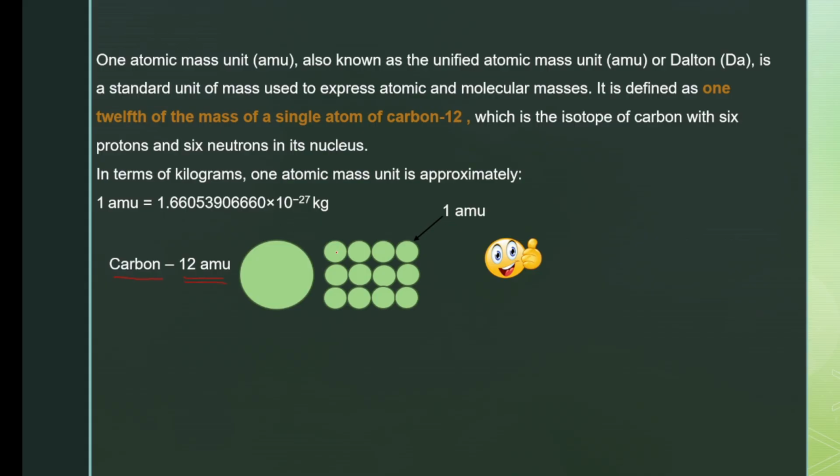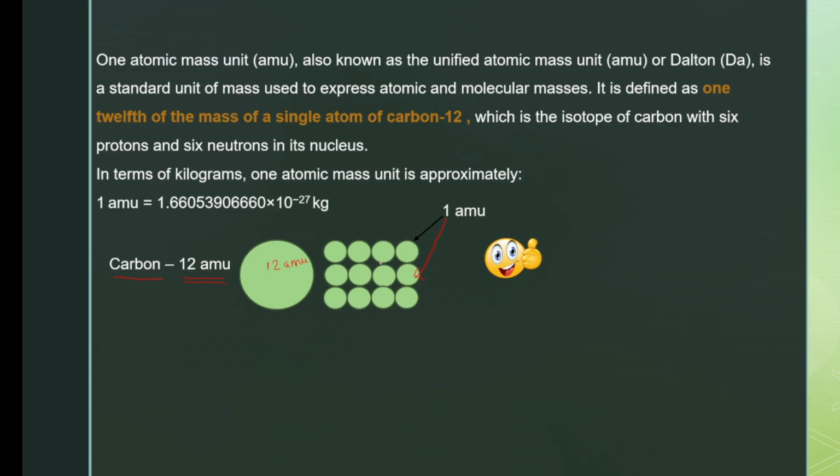So we assume that it is made up of 12 atomic mass units. If we break this whole carbon into 12 pieces, then the whole is 12 AMU. Once we break it into 12 pieces, each one of them becomes 1 AMU, atomic mass unit.